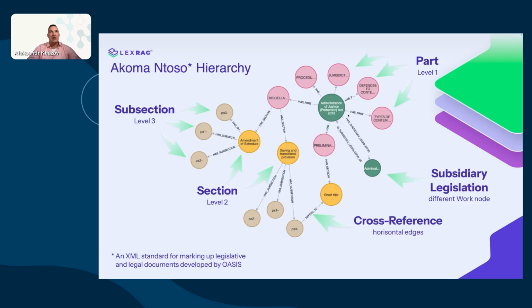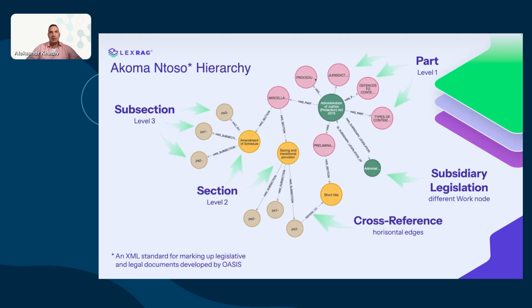So you can see here this big green node is the act. This smaller one is the subsidiary legislation. This is a different work node. It is not a part of the hierarchy of the work of the act, but represents a different work and a different legislative document.